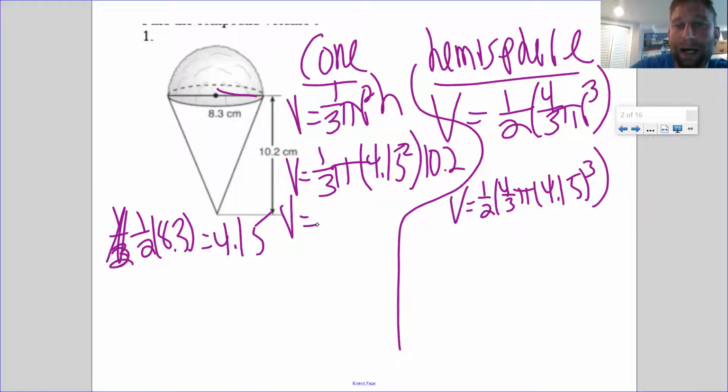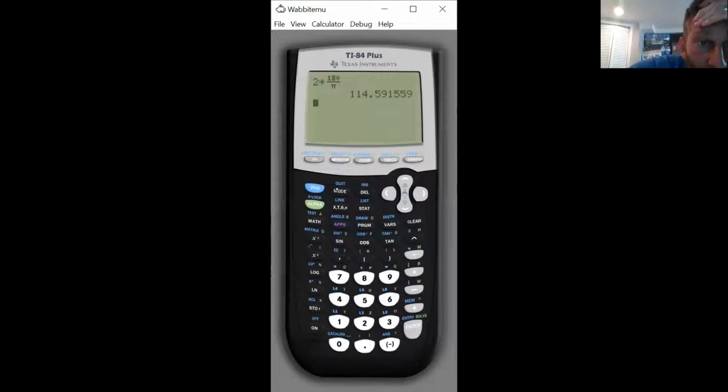So it's 1/3 pi 4.15 squared times 10.2. I get 183 dot dot dot.